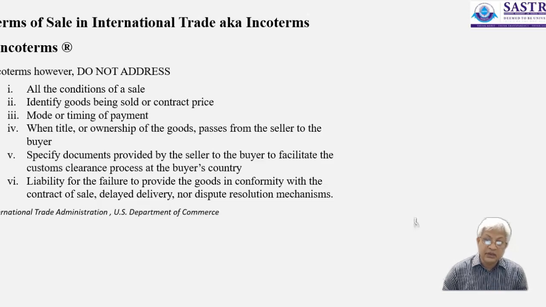What happens if the customer required 45 inches of width of a textile fabric and the customer received 58 inches? That is, there is a failure in providing the goods as confirmed between the suppliers and the buyers, and that is where the problem emerges. But the terms of sale does not specify that. It does not talk about delayed delivery. It does not talk about dispute resolution mechanisms. It is just terms of sales.